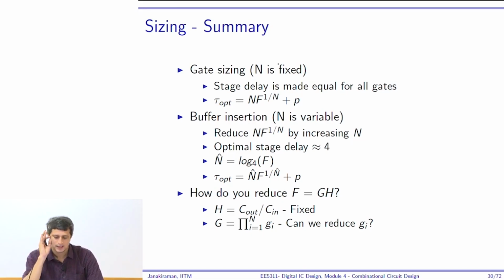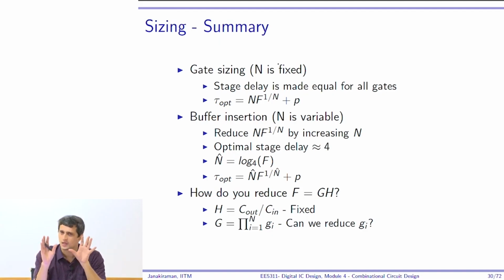Okay? And therefore, the optimal number of gates in the path should be log to base 4 of f. Then the optimal delay is n hat f power 1 by n hat plus p plus the inverter delays. Right? So, these are two methods in which we have optimized the delay of a path, not a circuit. I'll tell you how to do it for a circuit later, though it's not part of the syllabus.